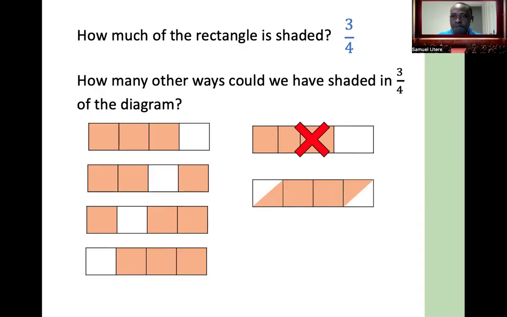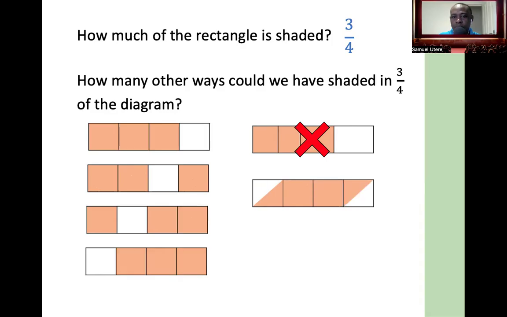What about this one? Well, think about it. We have these parts, they are all equal parts. The rectangle is split into 4 equal parts. We have here and here as 2 parts shaded, but here we have half. What if we take this one over? Can you see that? So we actually have 3/4 shaded.